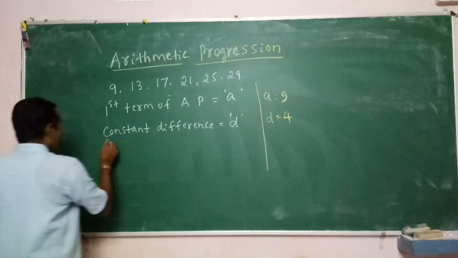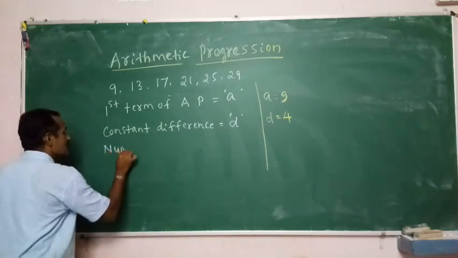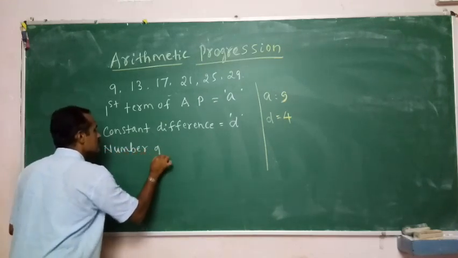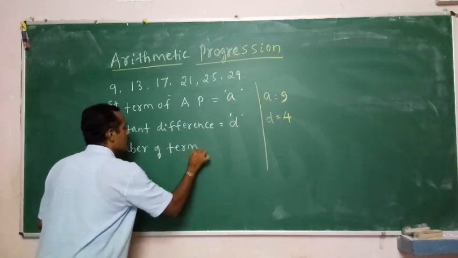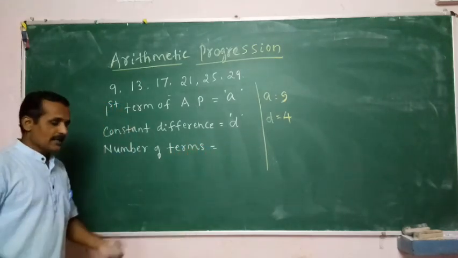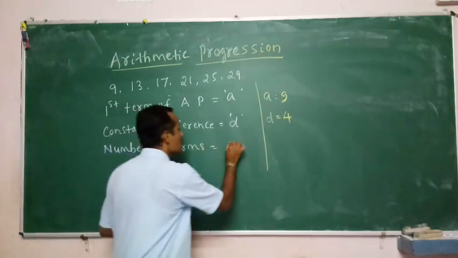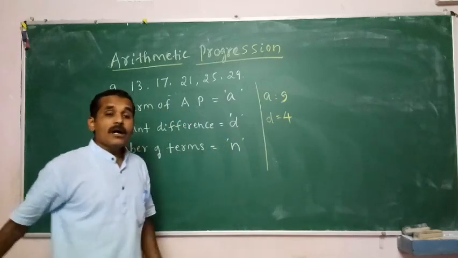Okay. Number of terms in the AP is denoted by small n. How many terms.